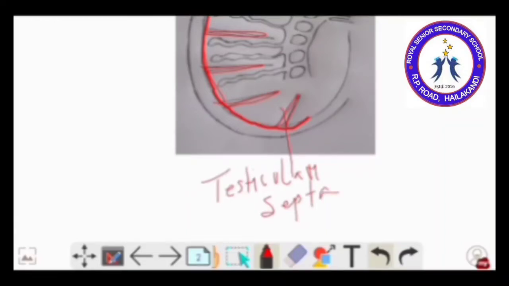Every testis normally has about 200 to 300 such testicular septa.